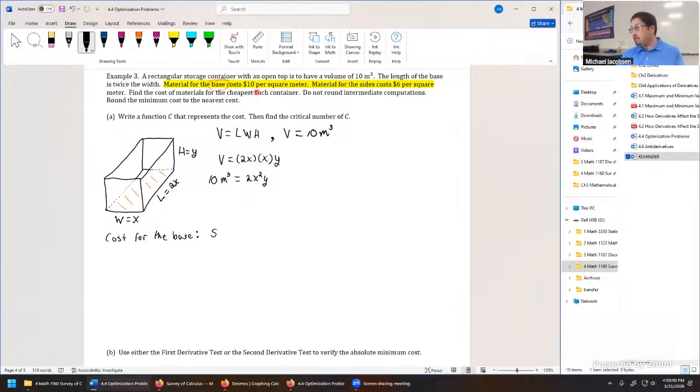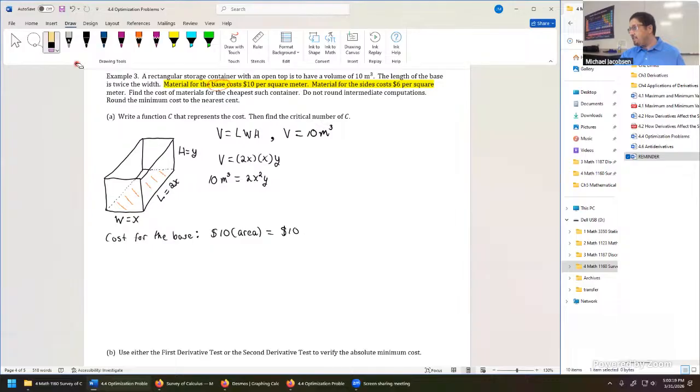So we have to take $10 per square meter, which is going to cancel if we multiply that by the area, because the area is going to be in square meters as well. And this will give us a unit in just dollars altogether. So we're going to take $10 times the area of this base. The area of the base is just going to be x times 2x, just length times width.